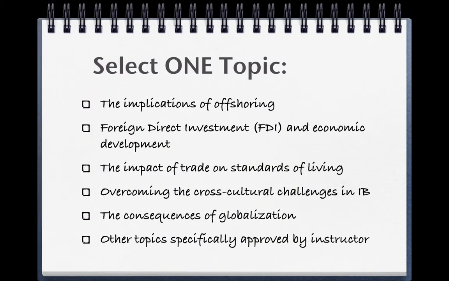The topics from which you can pick include several broad general topics on international business and globalization. And you can pick one of those topics to cover in your paper.